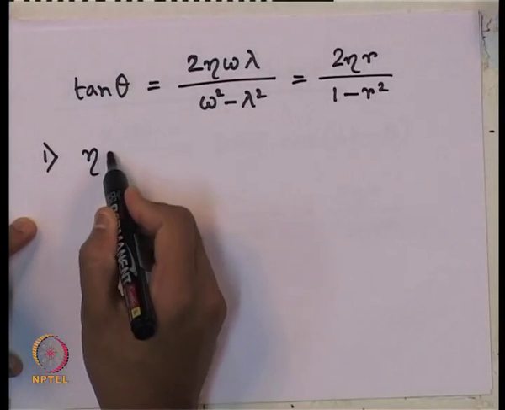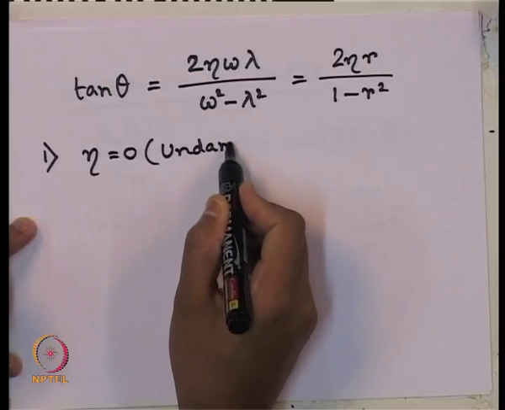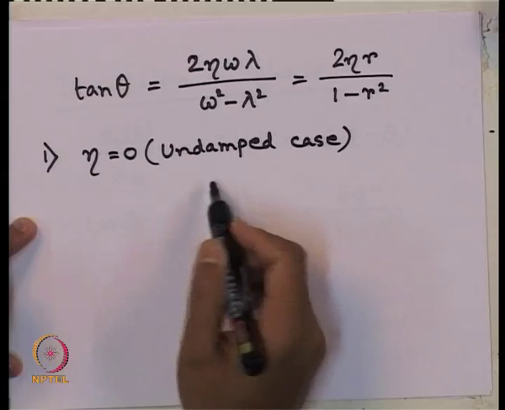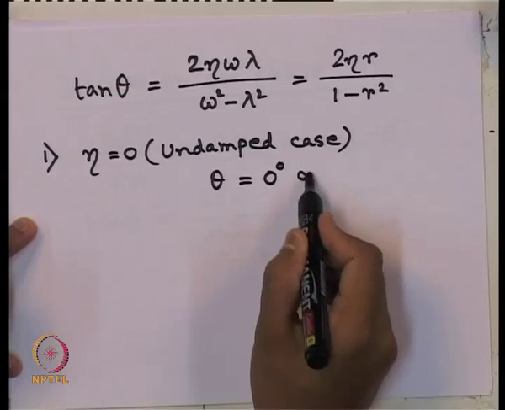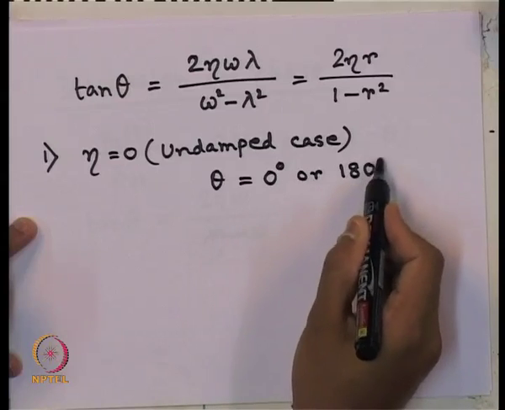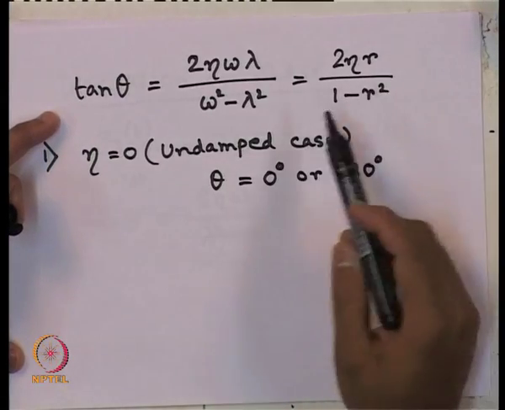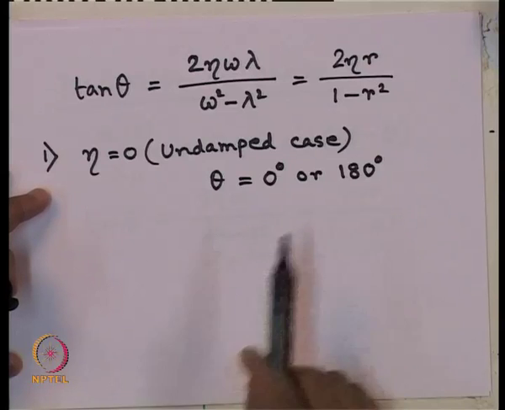So, when eta equals 0, that is the undamped case, we have the value of theta equals 0 degree or 180 degree. When tan theta is 0, it will be either 0 degree or 180 degree.